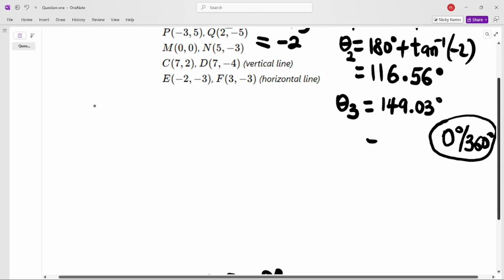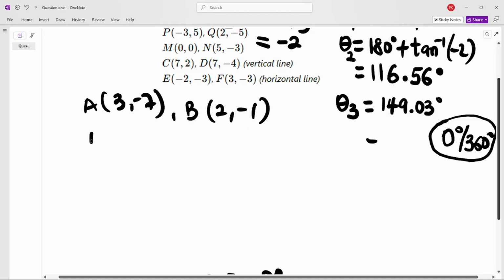So point A, 3, -7. B, 2 comma -1. That's for Kennedy. And for Noble, C is 0, -5, and D is -1 comma -2.